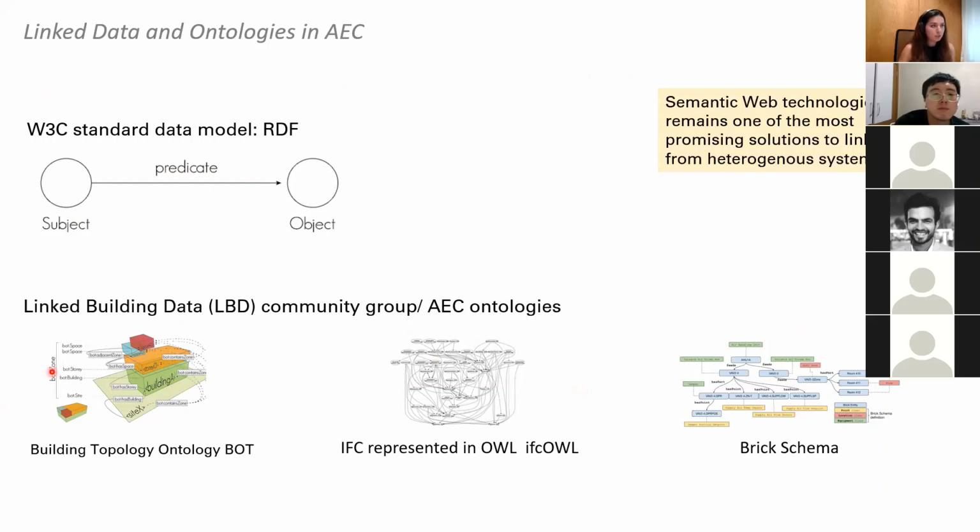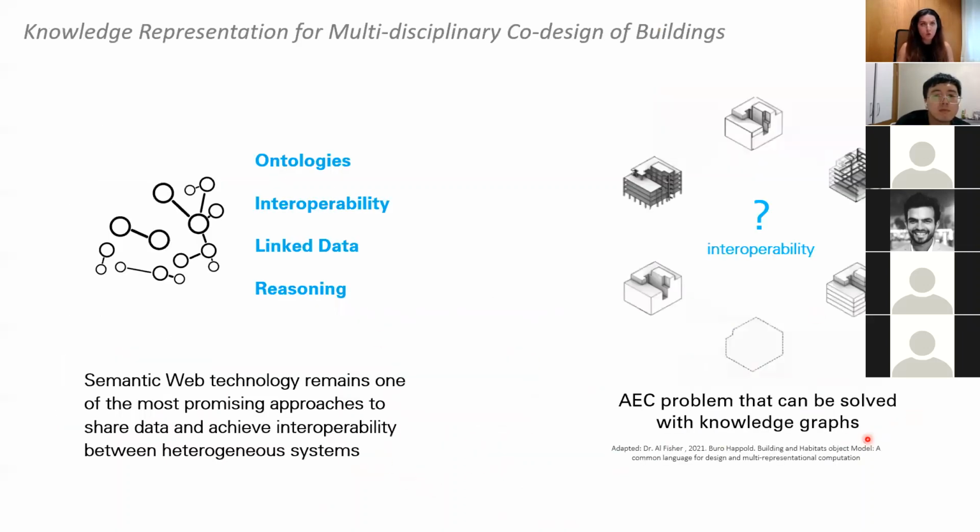So here I presented some main ontologies that are used in the architectural industry: the building topology ontology, and then we have IFC represented as a knowledge graph in OWL, then Brick Schema, and there are many more others. So we see that there is one technology in the computer science field that is very good in linking heterogeneous systems. And then we have this problem that can be solved with knowledge graphs, that we want to link data with each other.